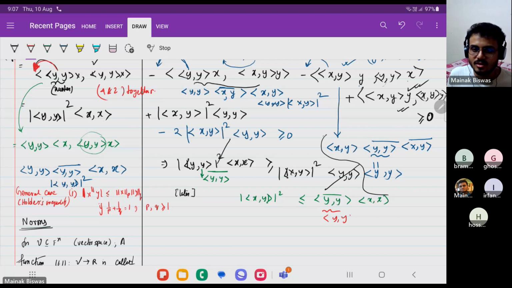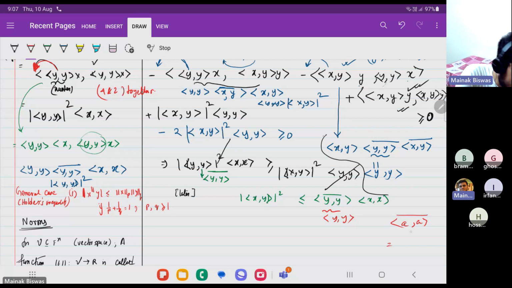Is this yy conjugate being yy not clear? So a complement means what? Let me write one a with red and one with green. It means a. Yes or no? Write the Hermitian property. Yes.